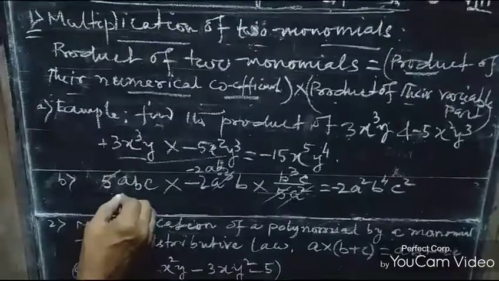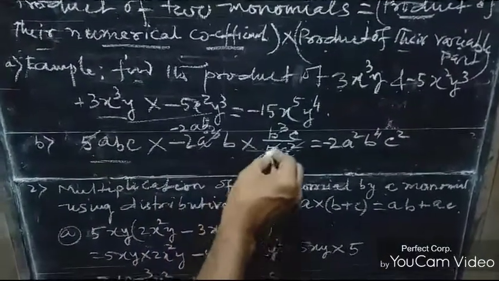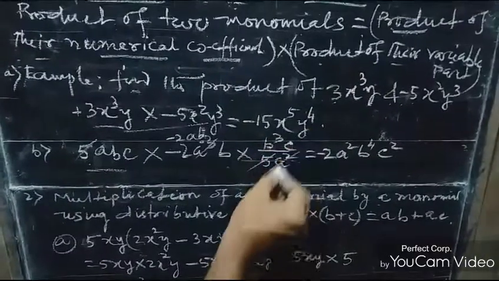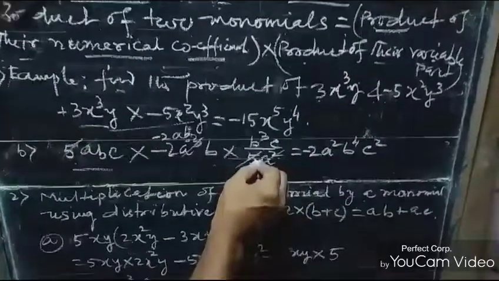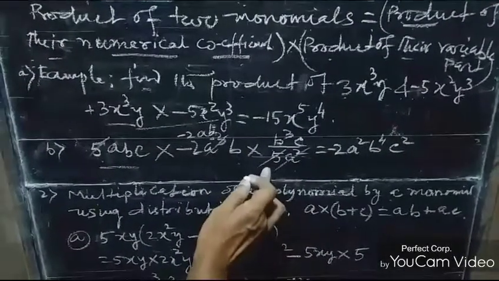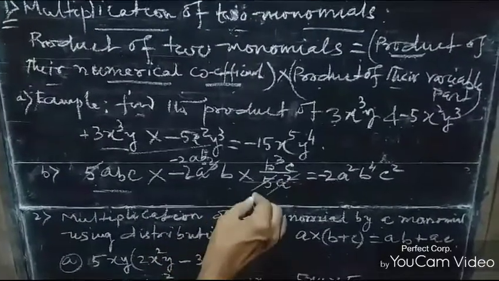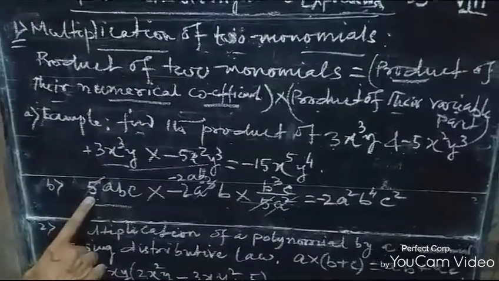Next one: suppose 5abc into minus 2a cube b, into b cube c divided by 5a square. Here you have to simplify. First, the numerical coefficients: the 5 will be cancelled with 5.